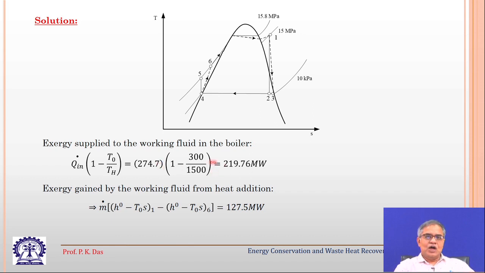So with this formula we have converted the supplied heat into supplied exergy. This exergy supplied is lesser compared to the thermal energy supplied. These are the points to be noted when we take up an example like this.